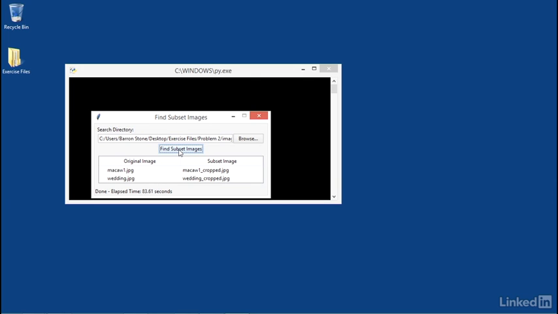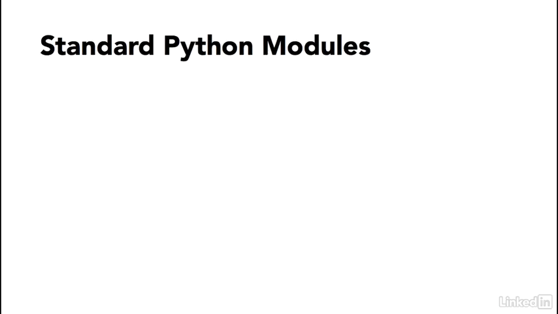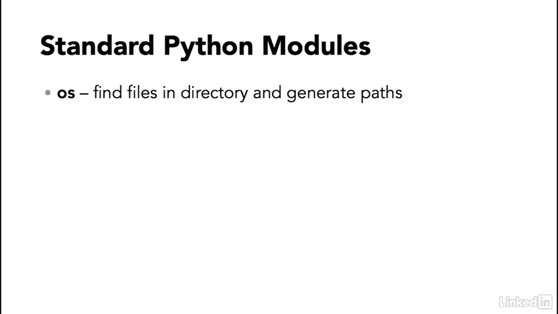I used quite a few Python modules in my solution to this challenge. It's a mix of standard modules and third-party packages. The modules that I used from the standard Python distribution include the OS module for access to the operating system to generate a list of images and their respective paths in the search directory.